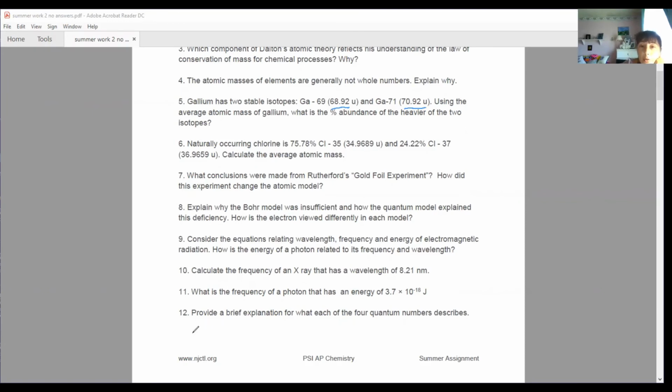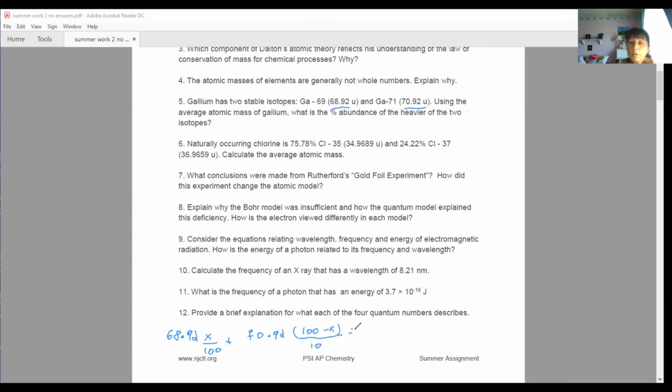So what you should do at this point is take, for example, 68.92 is present for X percent, right? You also have 70.92, which is present for 100 minus X percent.